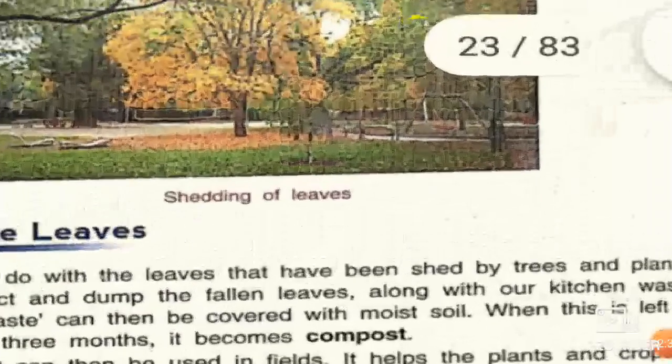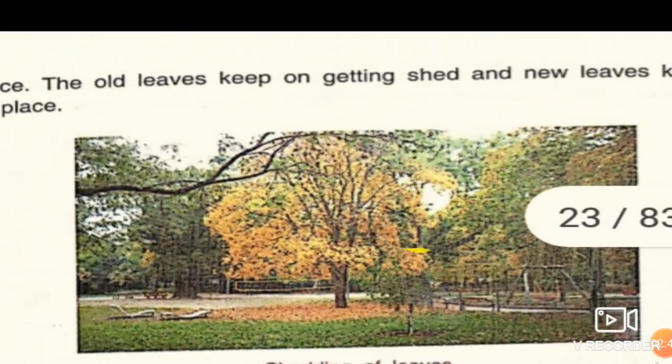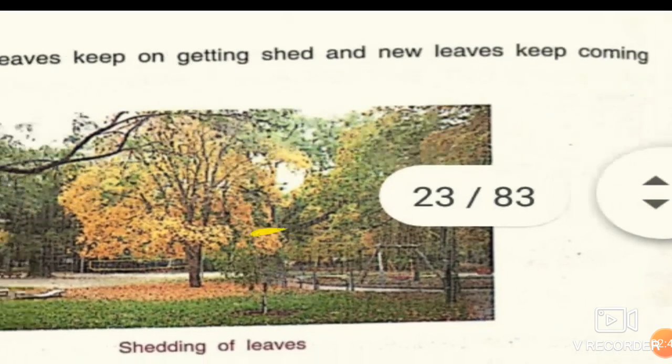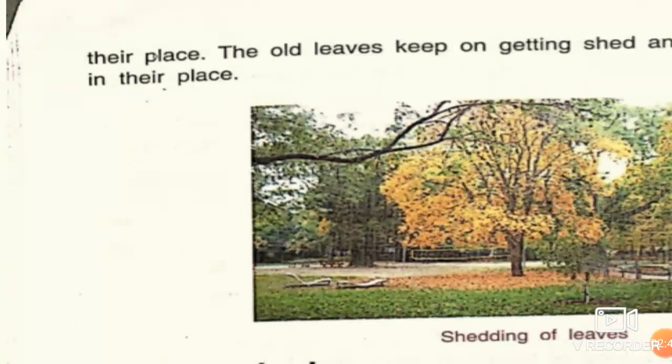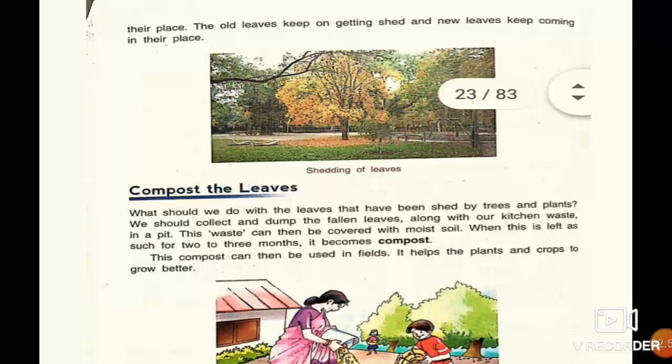You can also see in this picture shedding of leaves. Leaves are lying on the lawn. The old leaves keep on getting shed and new leaves keep coming in their place. This is about shedding of leaves.